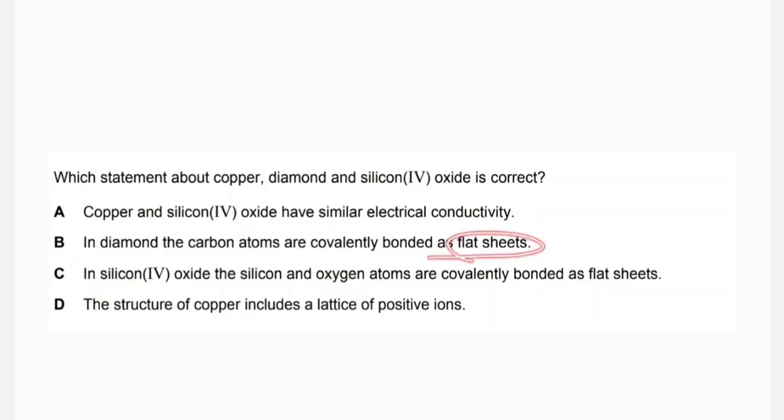It cannot be flat sheets because in diamond, covalent bonds are in a tetrahedral fashion. In silicon dioxide, the silicon and oxygen atoms are covalently bonded as flat sheets, again, which is similar to diamond, so it cannot be. So the right answer should be, the structure of copper includes a lattice of positive ions, because copper is a metal and it includes a lot of positive copper ions and a sea of electrons.